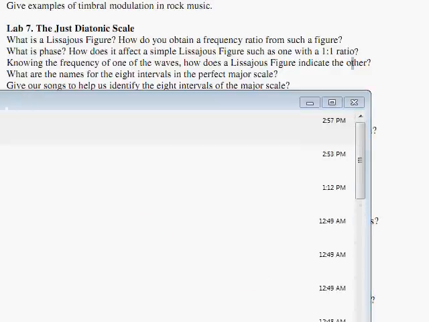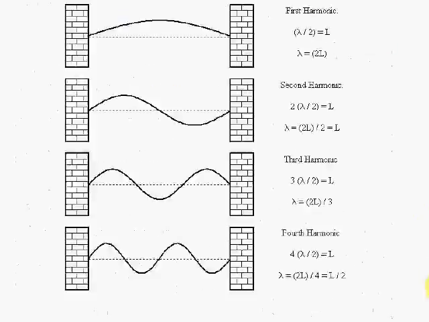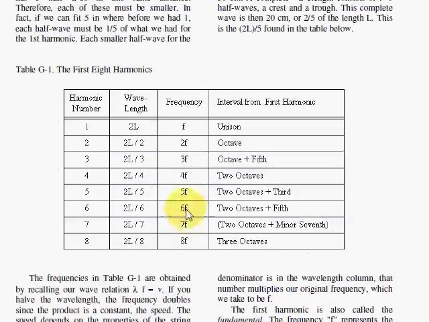It applies to the pipes also, but if we go to class G, then I have the harmonics 1, 2, 3, 4, 5, 6, 7, 8. If I go from 1 to 2, well, that's a 2-to-1 ratio, and that's my octave. If I go from 2 to 3, that's a 3-to-2 ratio. If you put the higher one first, 3 to 2, that's going to be a fifth. So to go from the beginning all the way out to there is an octave and then an octave plus a fifth.